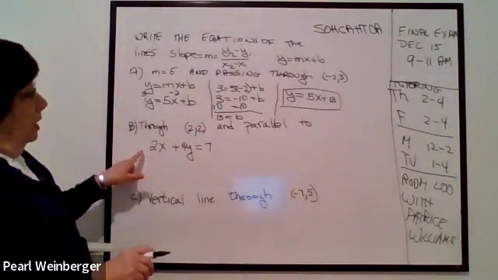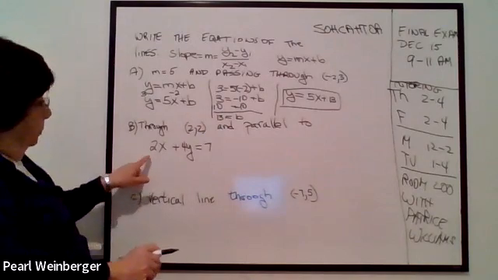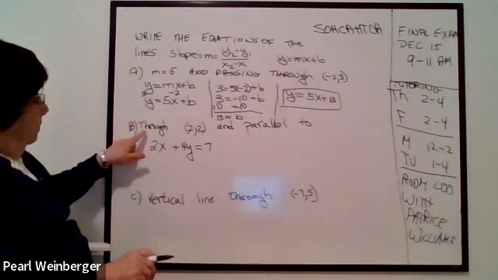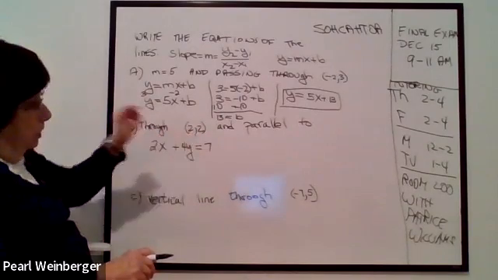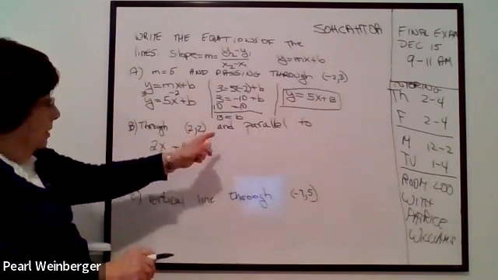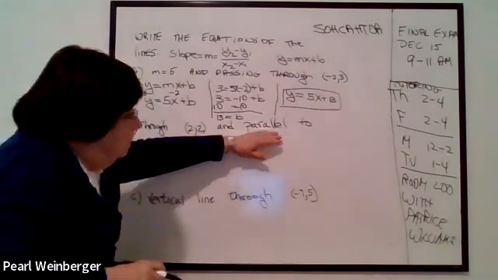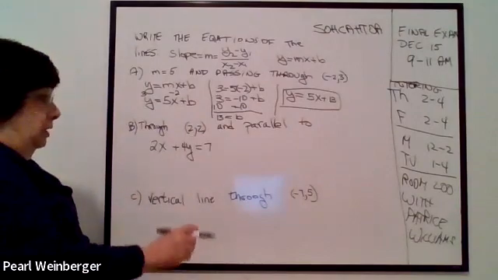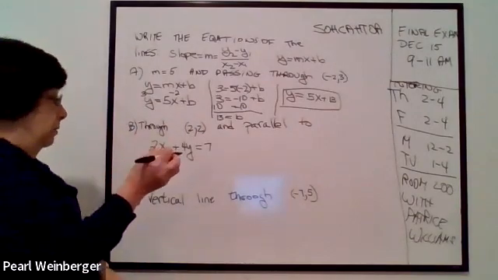Okay, looking at question number 2, it says we want the equation of a line that passes through the point (2, 2). It's giving us again a point on the line, and it's telling us it's parallel to this line. Now we have to remember two things.